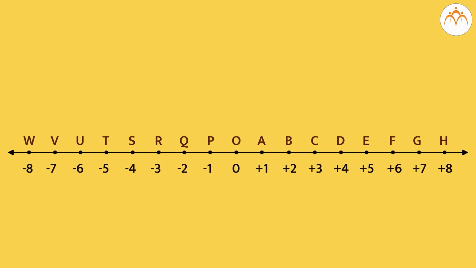For example, we need to find the distance between the point T and D. The coordinate of T is -5, correct? And the coordinate of point D is +4. Here, -5 is less than +4. That is, 4 is greater than -5.